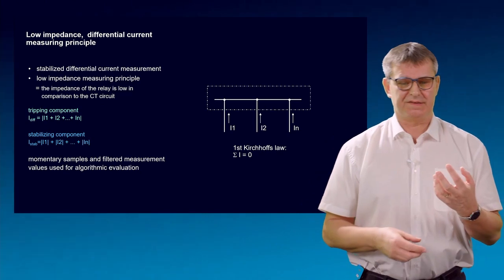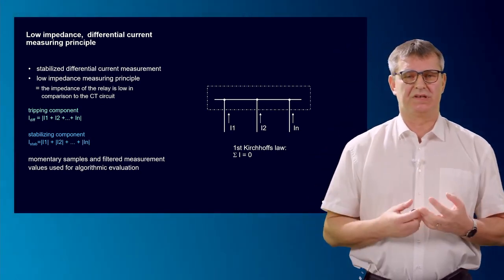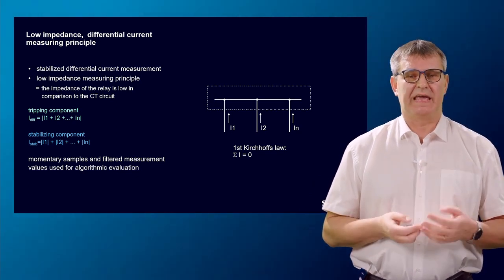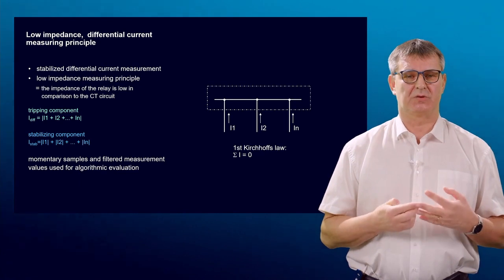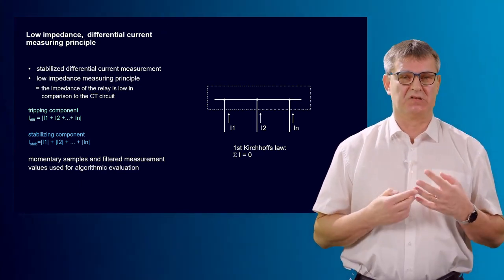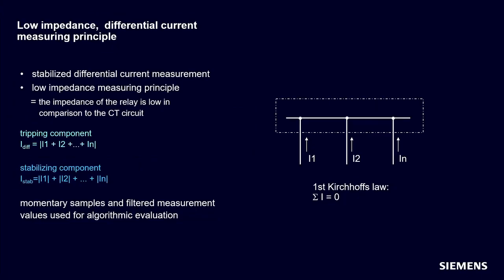In our device, in all Siemens devices, we use both instantaneous values, momentary samples, and also filtered measurements for our algorithms. It's important to say that the important algorithms are based on momentary samples, on instantaneous values, because they are simply faster.